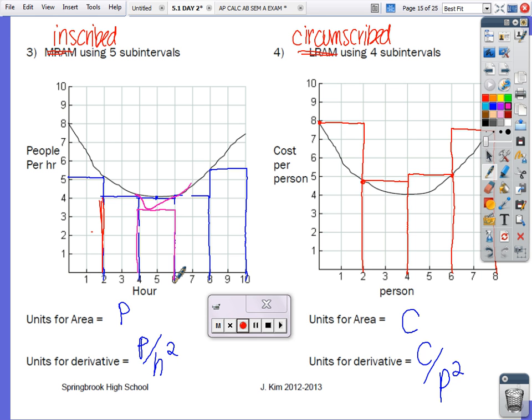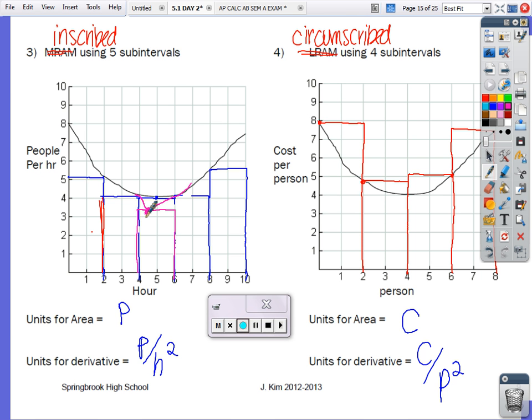They will be wherever makes what they want inscribed happen. So this point is not at the left, it's not at the right, and it's not at the middle. Okay? And then here to the right, I did circumscribe, so every single rectangle was above the curve, completely above the curve. Okay? Any questions?